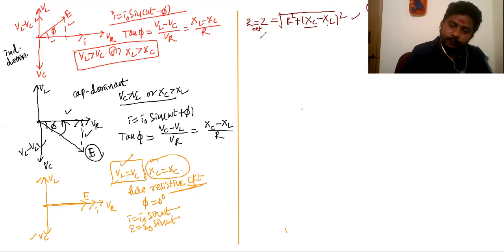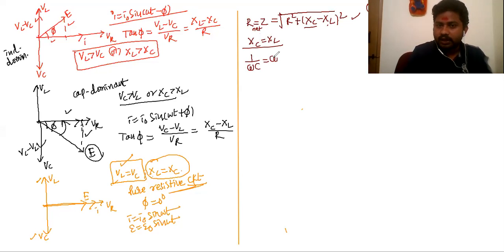Understand? So now here let's take XC is equal to XL. What happens here? XC is 1 by omega C, which is equal to omega into L. So I can write omega square is equal to 1 by LC.